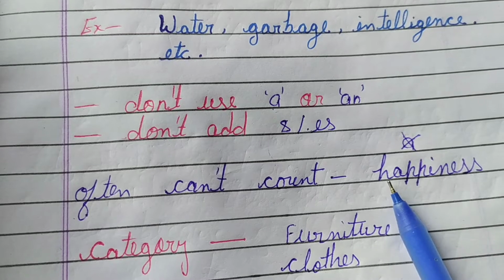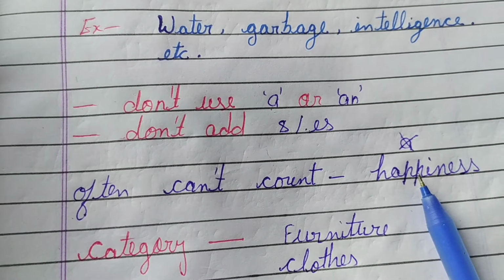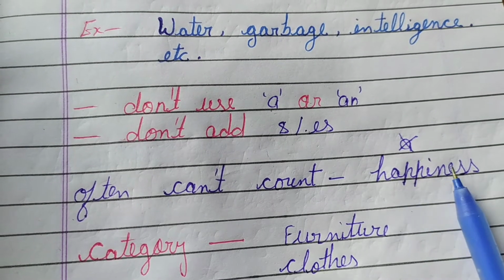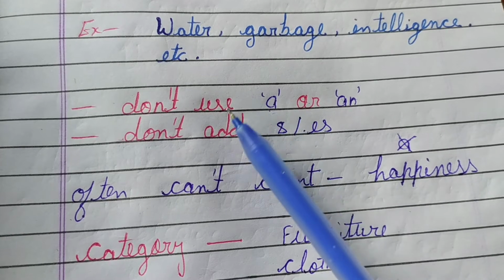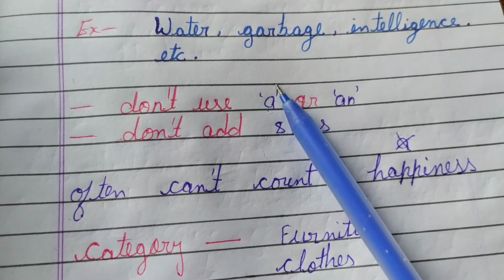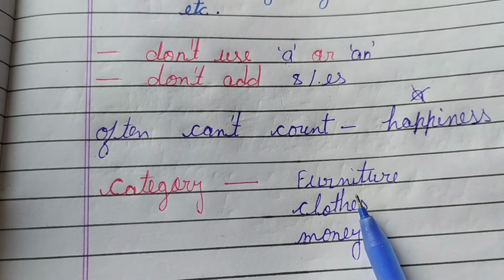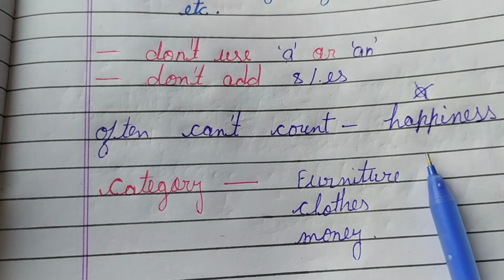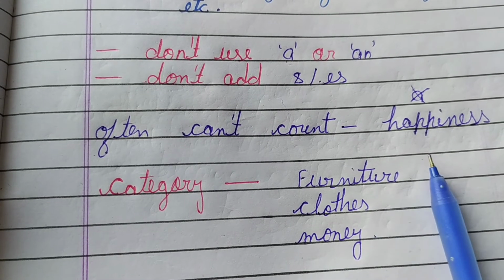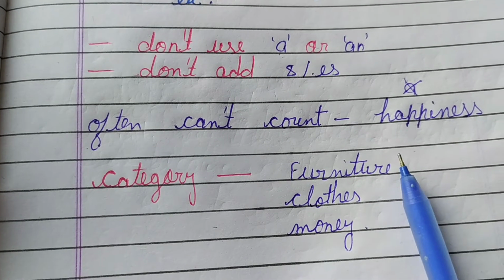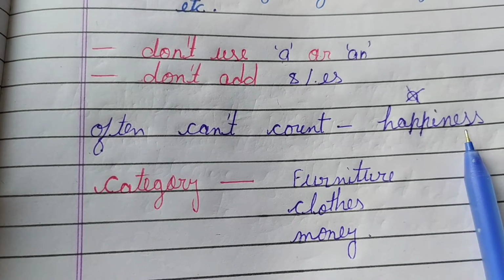Can you say one happiness, two happiness, three happiness? No. Can you say one water, two water? You can say one glass of water. Another example. Can you say my friend has 5 happiness? No, you can't really count it.